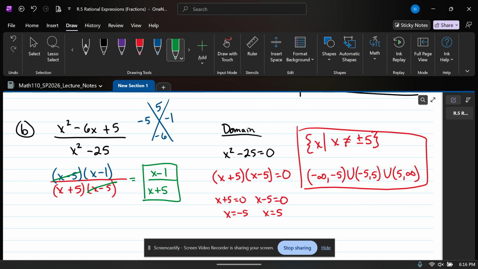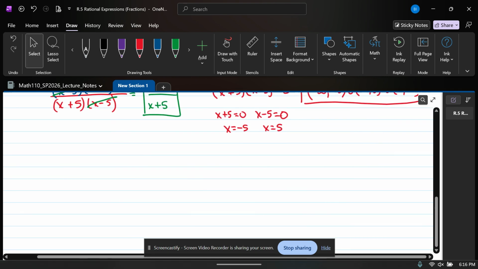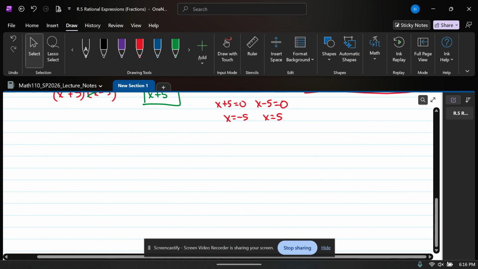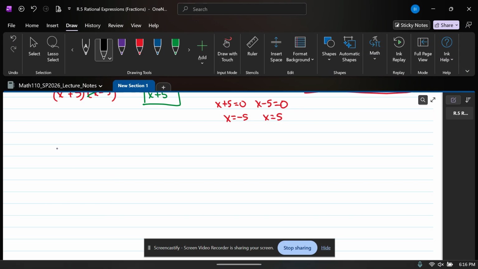Okay? So let's practice the simplifying part, because I think that's the hardest part of this. Let's just forget doing the domain for right now. Let's work on the simplifying part mainly here. So the instructions are just going to be simplify on these next few problems.